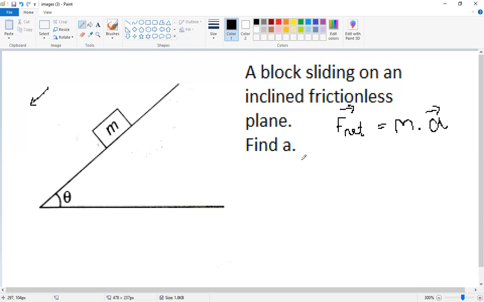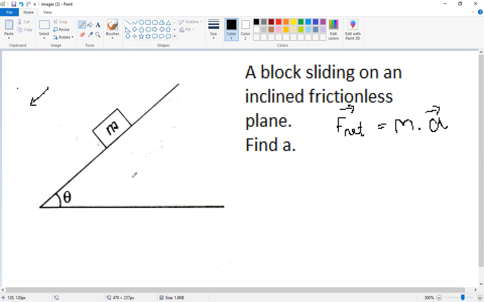As a first step, we have to represent the forces on this diagram that are acting on the block. What are the forces acting on the block? First, it's the weight of the particle, which pulls the particle vertically downward. It always pulls it downward.